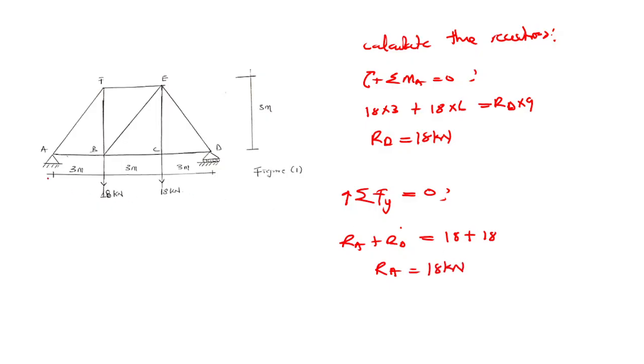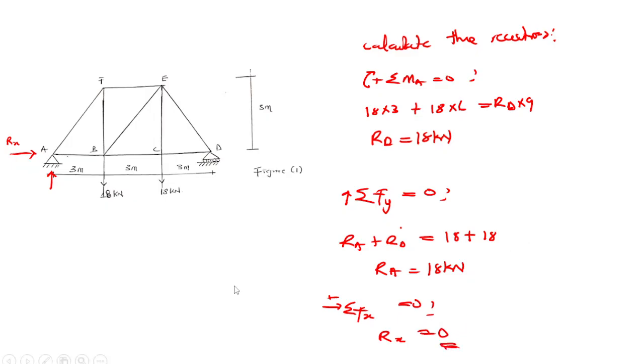Now remember that this is a pinned support, so it also has a horizontal component, Rx. Summation of forces in the horizontal direction, positive, equals 0. There is no other force countering Rx, so Rx equals 0. So we've gotten the forces.